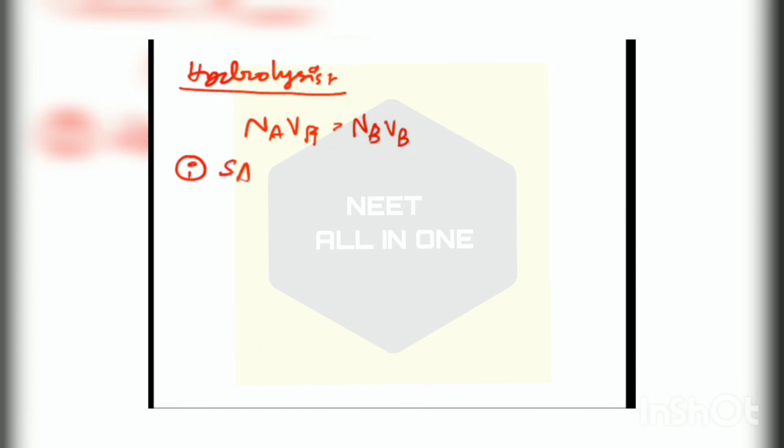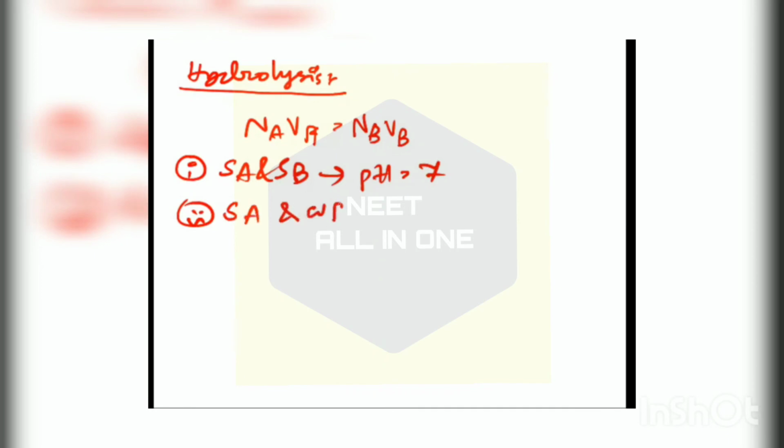So in the first case, if they are both strong base and strong acid, then the pH comes to 7. But what happens when this is the salt of a strong acid and weak base?